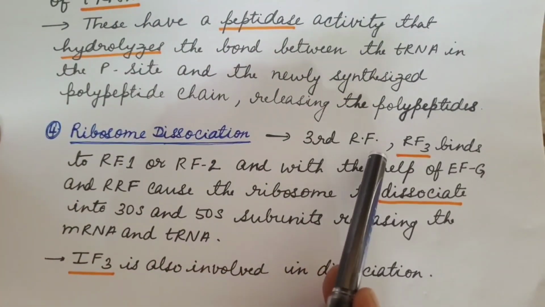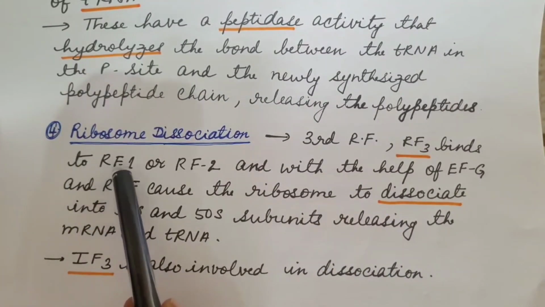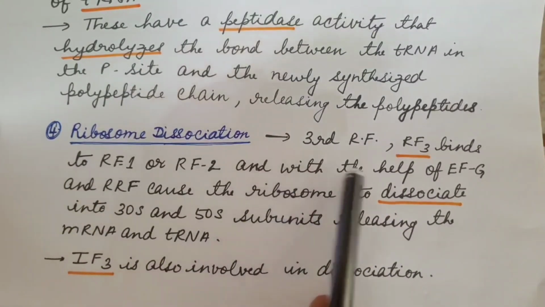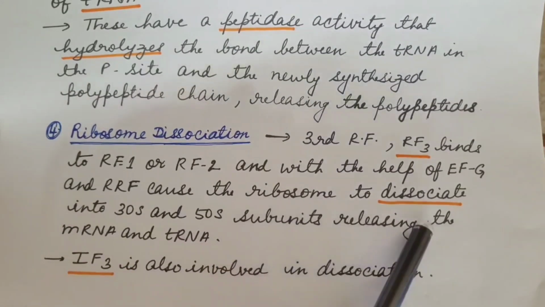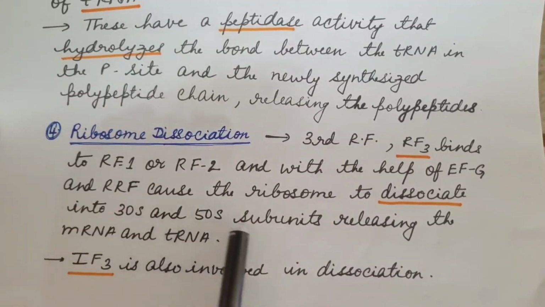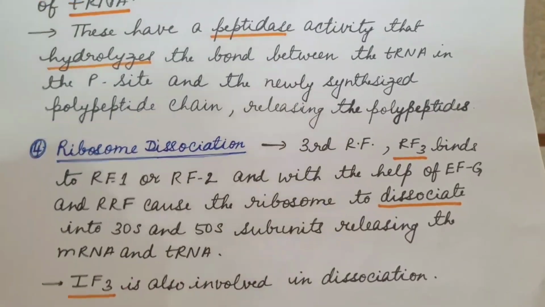The third release factor, RF3, binds to RF1 or RF2 and, with the help of EFG and ribosome recycling factor, causes the ribosome to dissociate into 30S and 50S subunits, releasing the messenger RNA and transfer RNA. IF3 is also involved in dissociation.